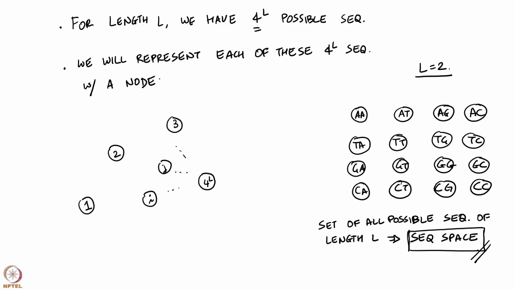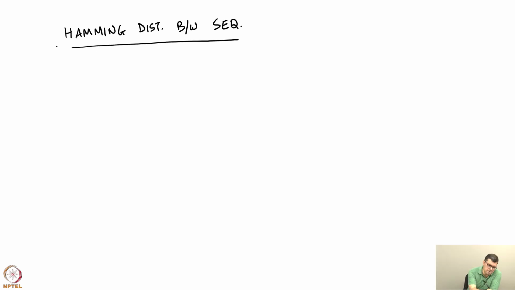Next, what we will do is define a quantity called Hamming distance between these sequences. Hamming distance, by definition, is only defined between two sequences.